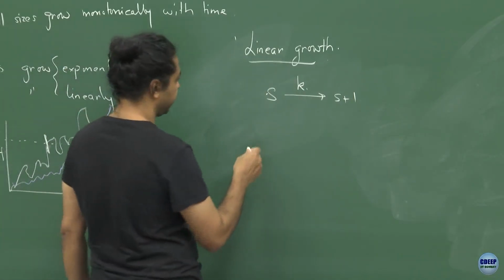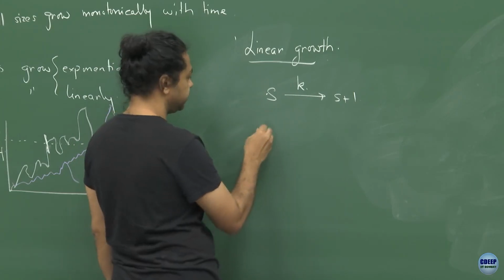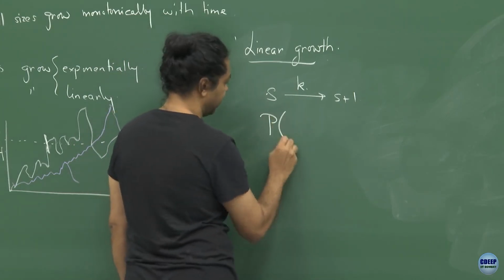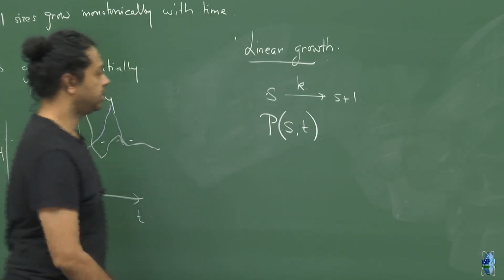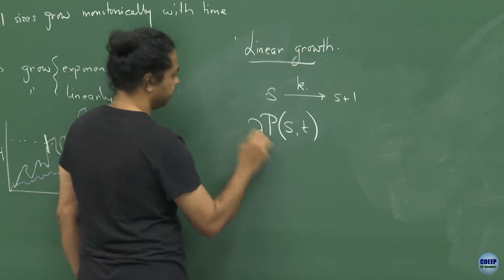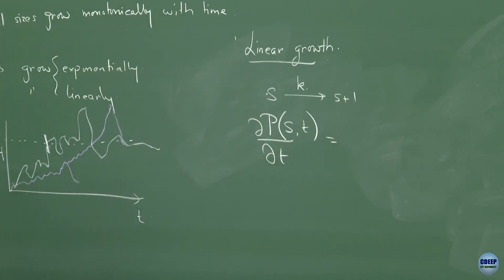Okay. So, what that means is that if I were to write down the forward master equation for these probabilities of having a size s at some time t, then the derivative of this probability, del p del t, would be what? So, these are just growth, right?